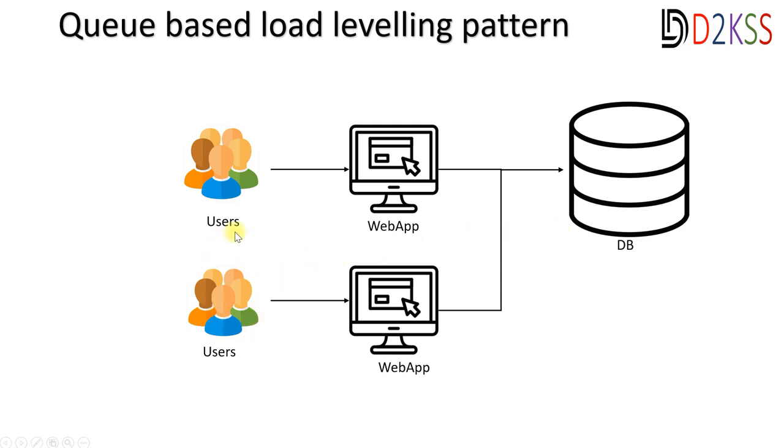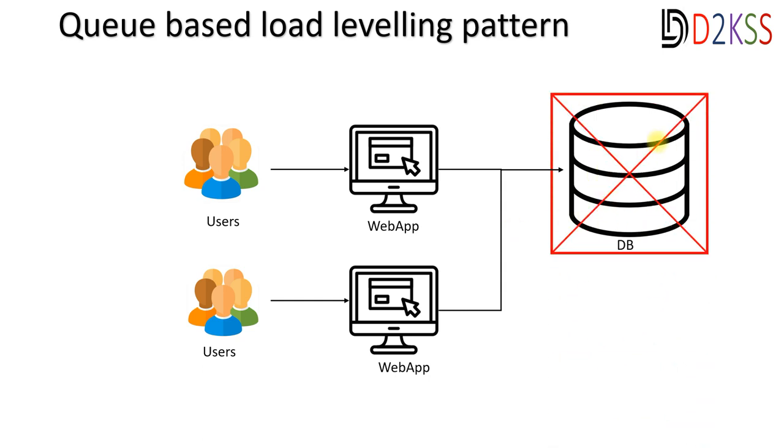When the users increase and the number of requests writing to the database increases, after a certain level this database will go down or crash entirely. So how can we reduce the load to the database, the number of requests trying to access the database at the same time?